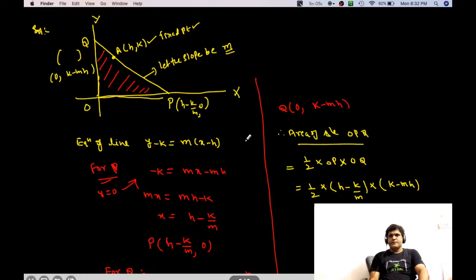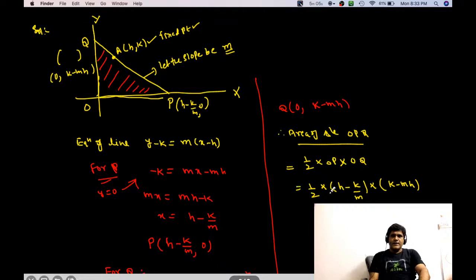Now this is the area of the triangle. Then second part is: what is the minimum area of this triangle?